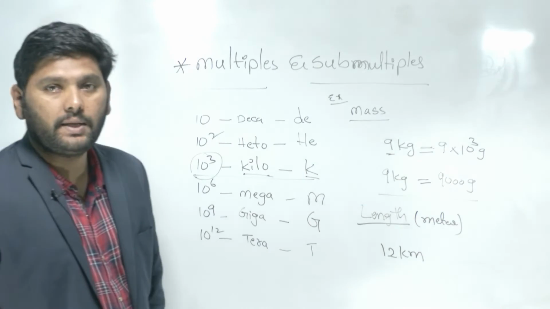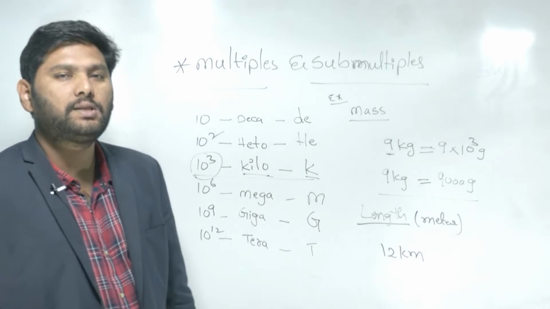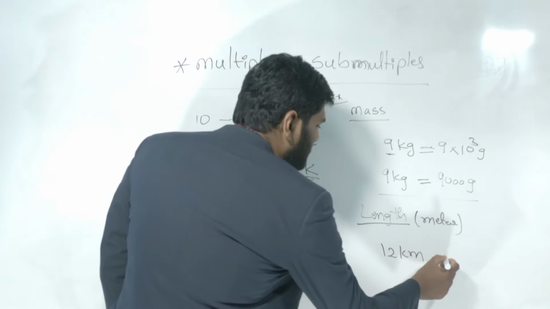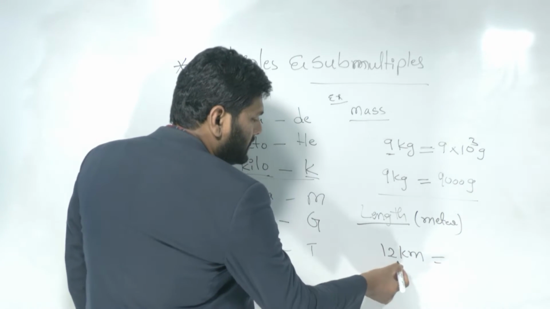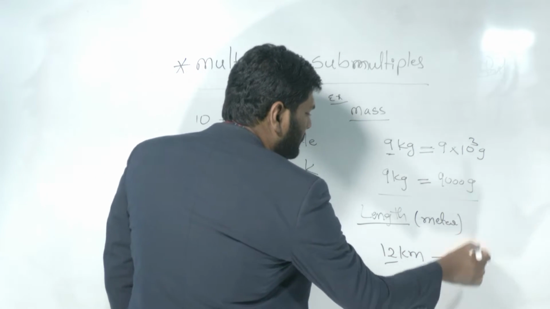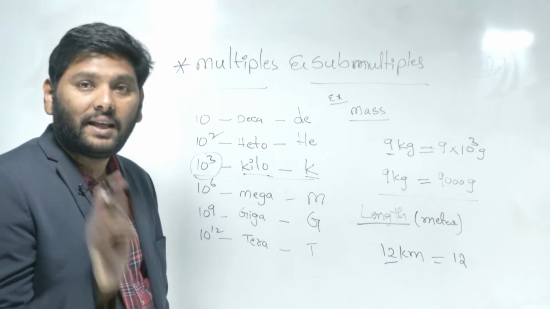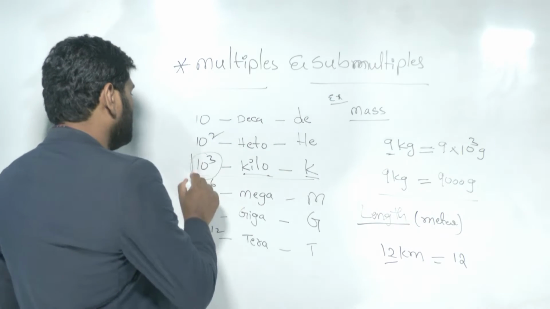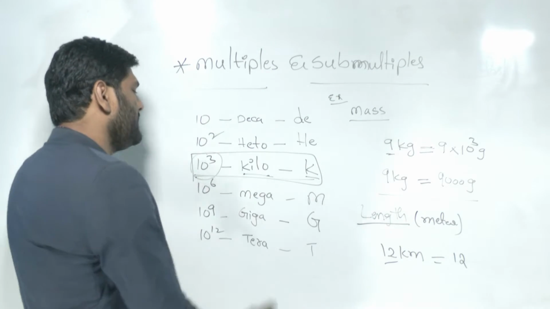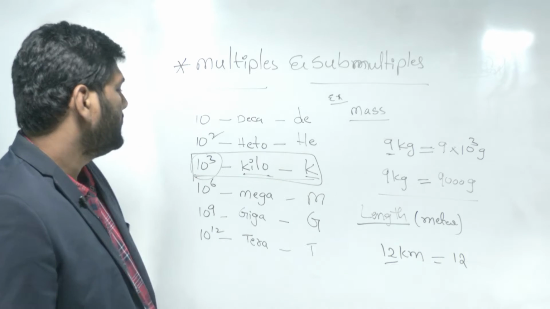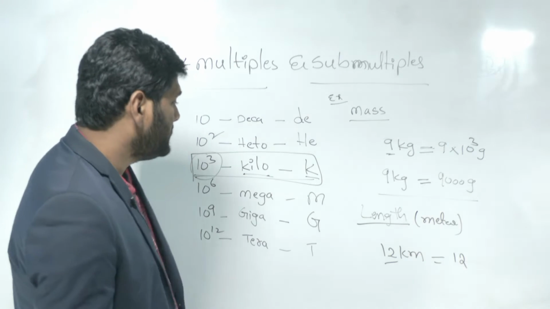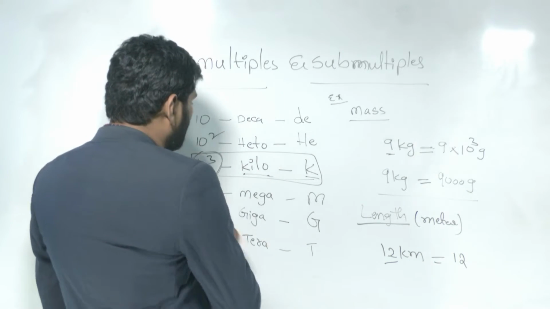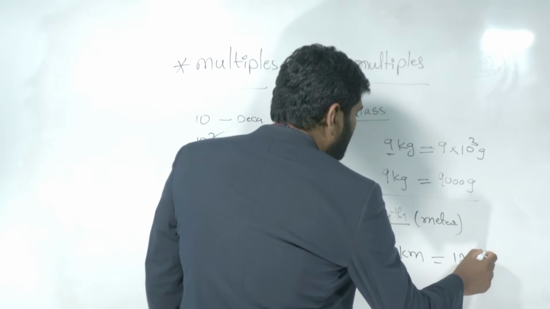In this 12 kilometer, the 12 is the magnitude. K stands for kilo, right? So kilo means 10 power 3.